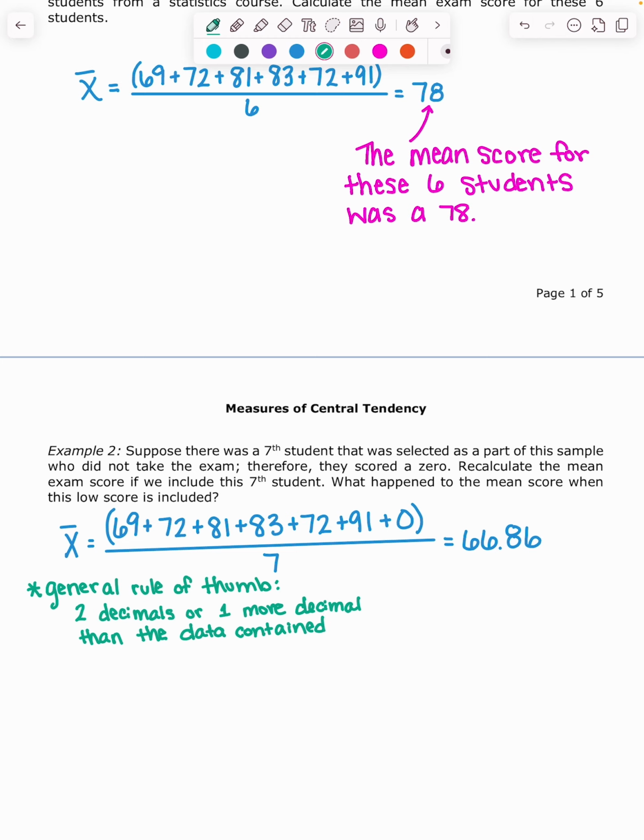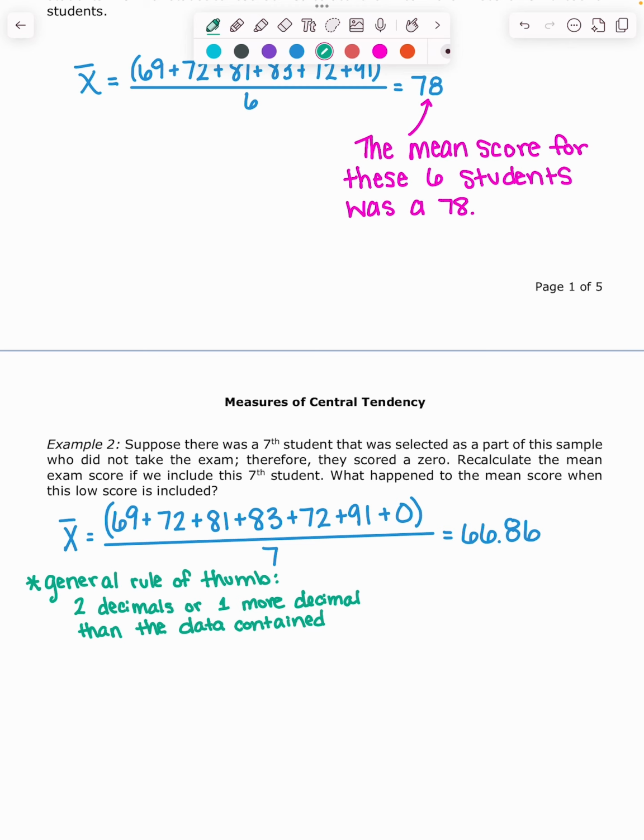So this data set didn't have any decimals in the original numbers, so we're going to do 2 decimals. If we have a data set where we're given data values and they already have decimals in the data set, we want to give one more decimal than the data set already gave us. And when we have instances like that in the notes, I will make sure and point that out.